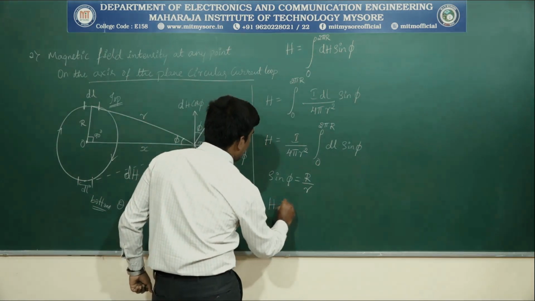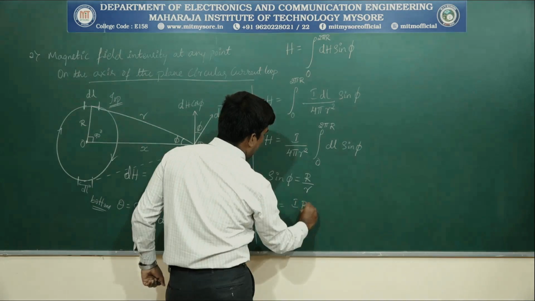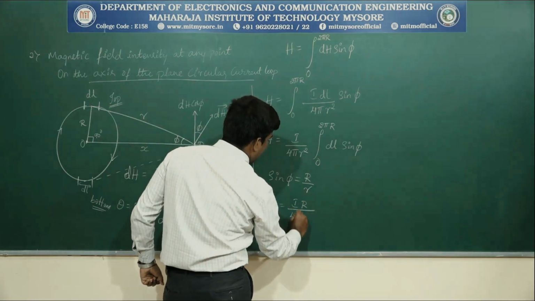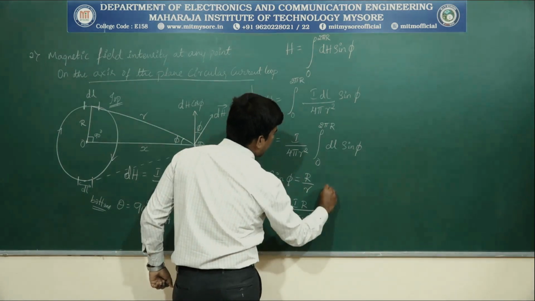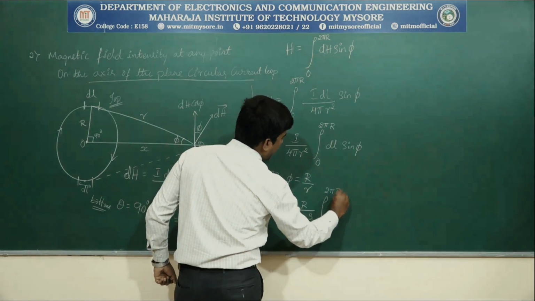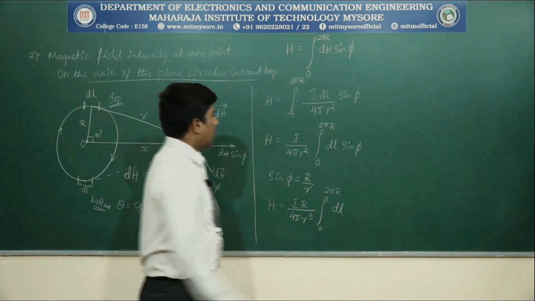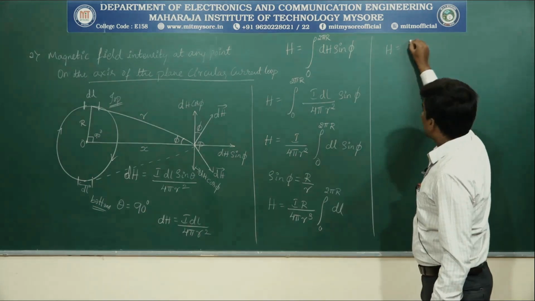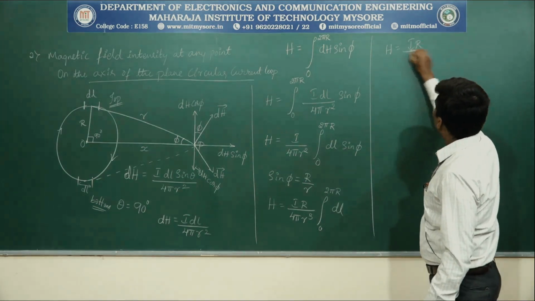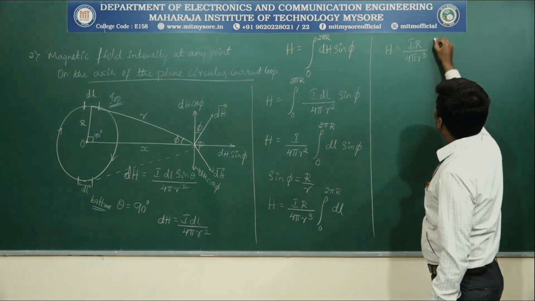Therefore, H is equal to I into capital R divided by 4 pi r cube into integration from 0 to 2 pi r into dl. That's it, right? Now, H can be written as I into R divided by 4 pi r cube.